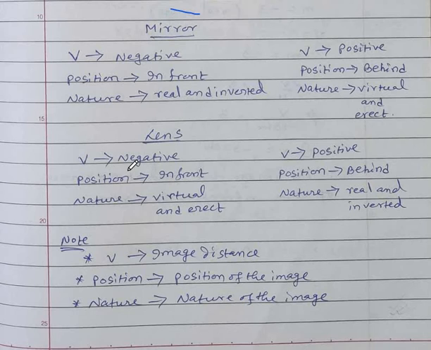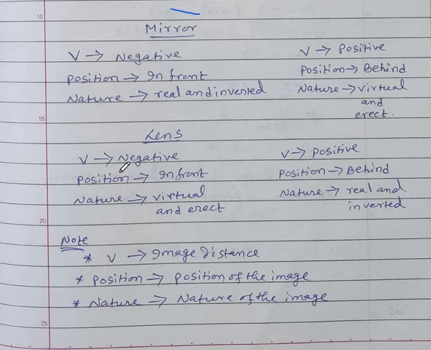That means you remember that while calculating image distance V, if V becomes negative, position is in front, V positive means position is behind. For both the cases it is true. But nature will be different. In case of mirror, when V is negative, position is in front, nature will be real inverted. When V is positive, position will be behind, nature will be virtual and erect.